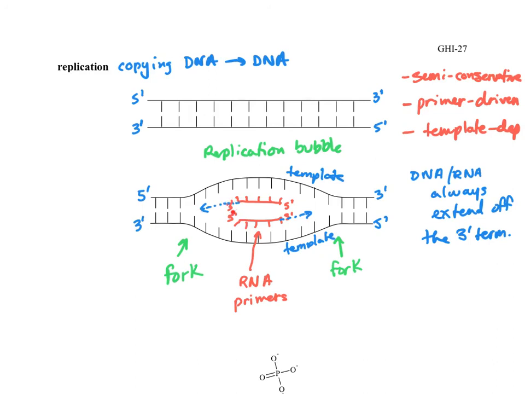Same thing down here, 5' here, 3' on the right, we're going to extend off that. If you term it that way, then it forces you to be on the new molecule and forces you to go in the right direction. So that's a critical part, and we are going to leave it there because we've talked about templates, primers, and semi-conservative.